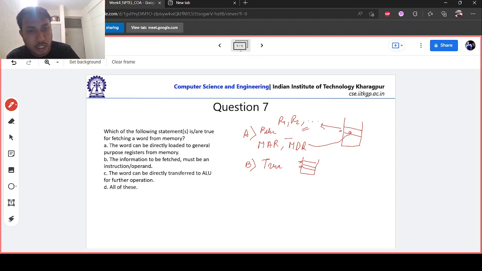So either it can be a statement like move R1 R2, that is an instruction, or it can be a value like 6000, which is basically a normal operand.